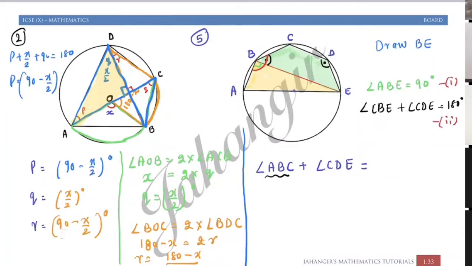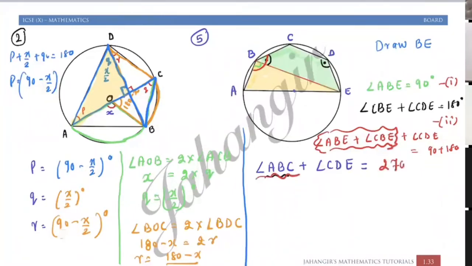If we add both of them, angle ABE plus angle CBE plus angle CDE is equal to 90 plus 180. So you will get ABC plus CDE is equal to 270 degrees. Any doubt in this part?